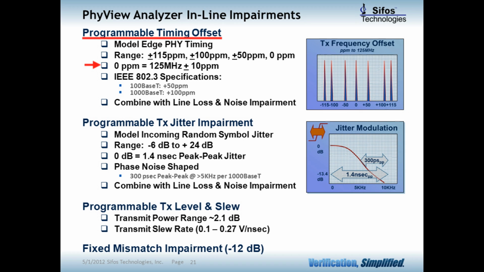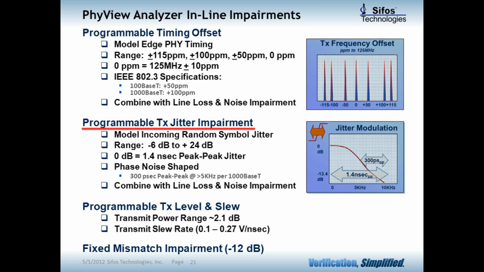Nominal for 100 and 1000 base T is 125 megasymbols per second, and for 10 base T is 10 megabits per second. The offset impairment can vary this timing to plus or minus 50 ppm, plus or minus 100 ppm, or plus or minus 115 parts per million. These figures both match and exceed worst-case requirements for base T performance.